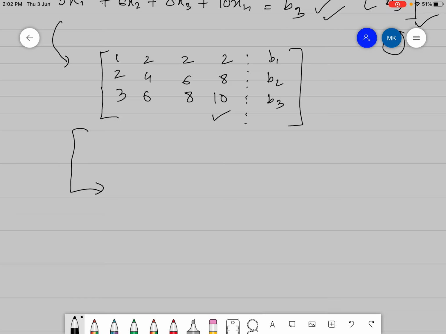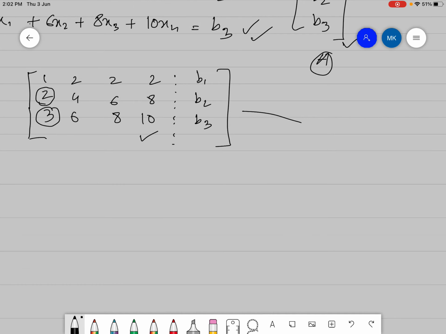I need to make this entry 0 and this entry 0, and towards that I have to make two operations: r2 minus 2 times r1 and r3 minus 3 times r1. I'm not going into the details of elimination because you already know it.